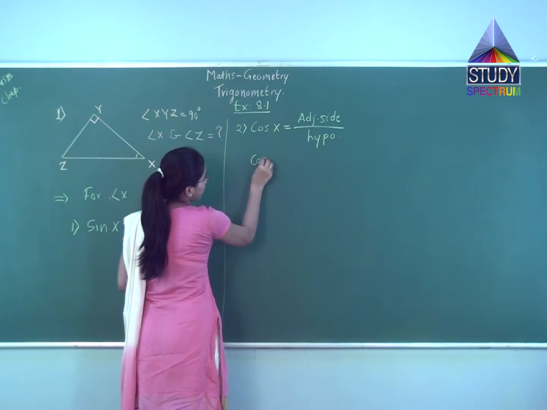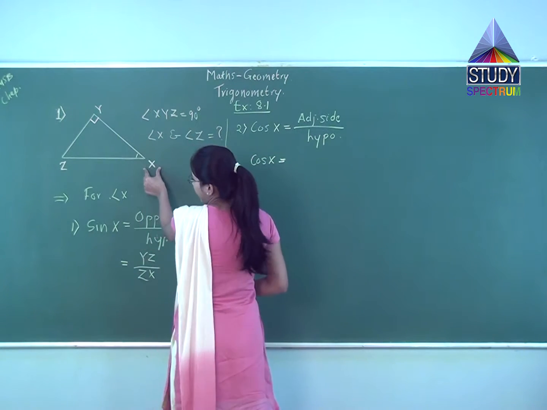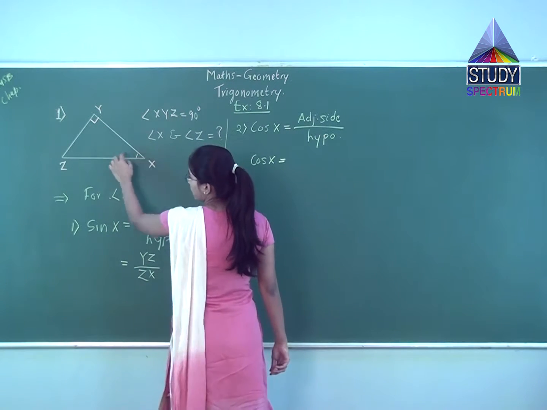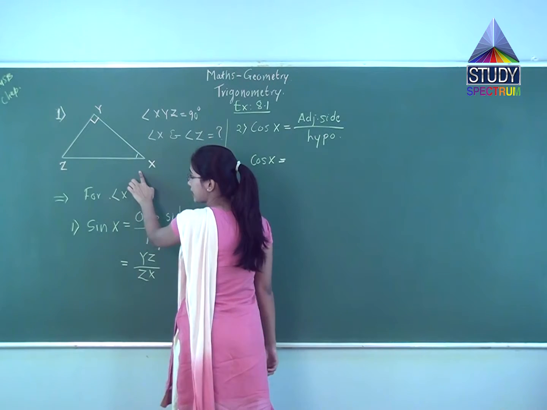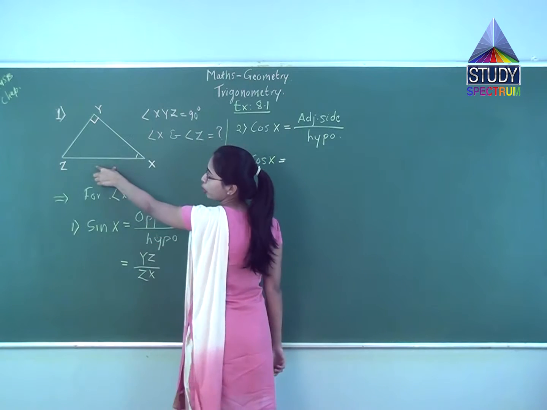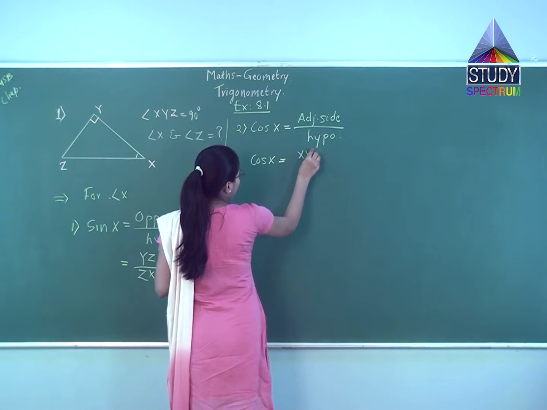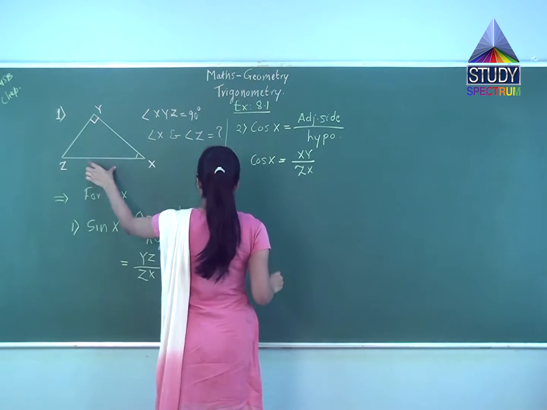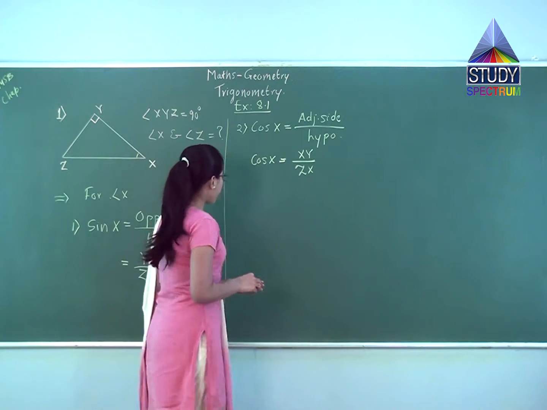So cos X will be, now X has two adjacent sides, XY and ZX. But you can see ZX is the hypotenuse, so we will not consider that. We will take this. So it will be XY upon ZX, and ZX is our hypotenuse.